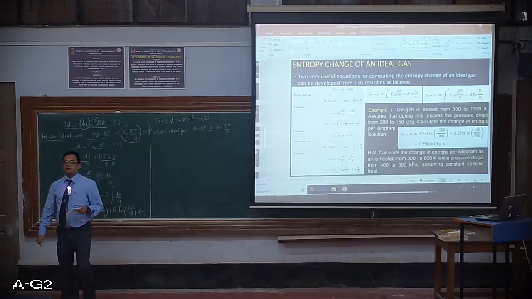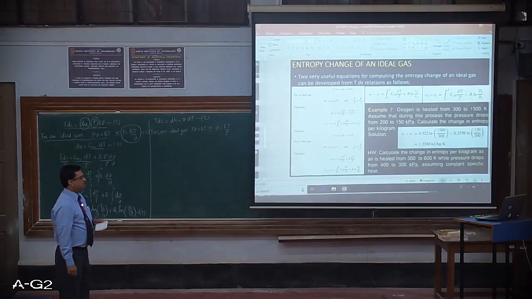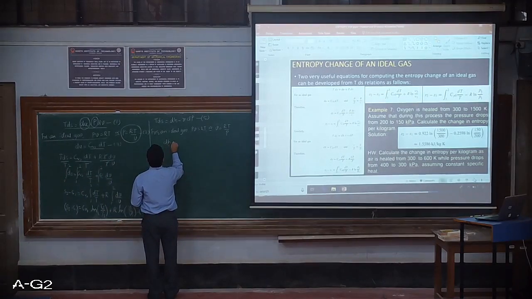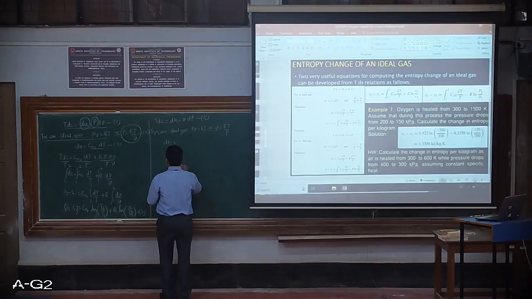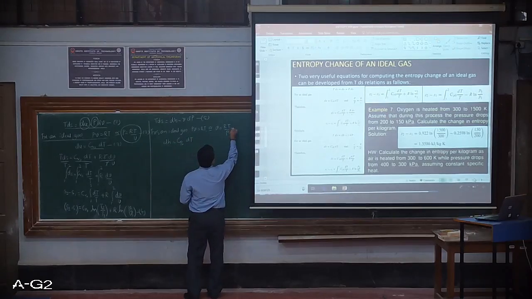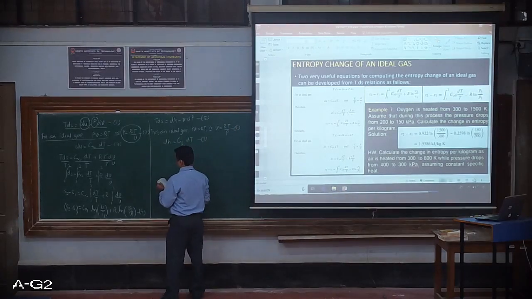And again recalling the expression for ideal gases, we can write dH is equal to CPO dT. Let me call this expression 6 and this 7.